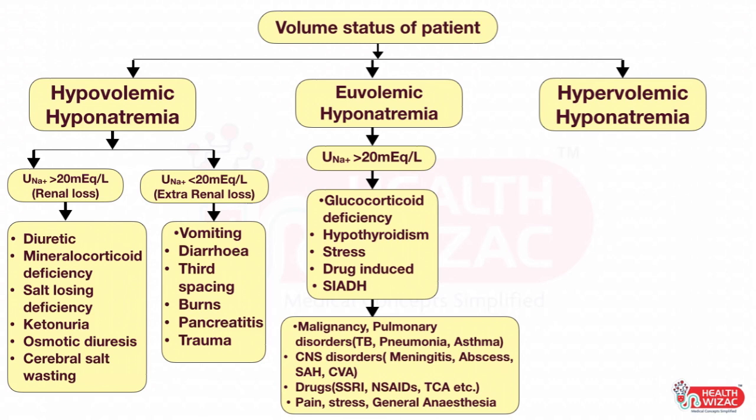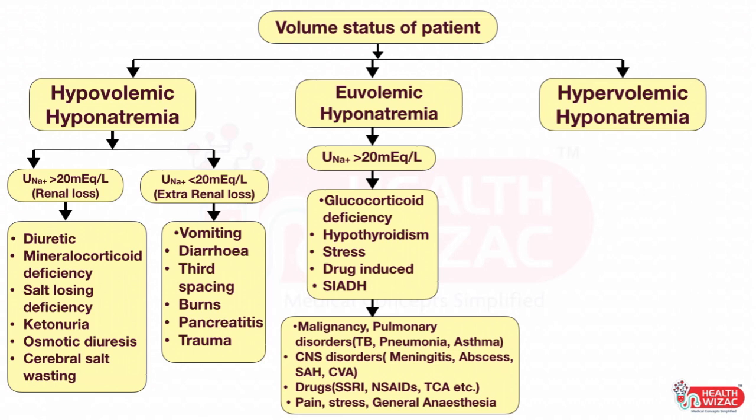Drug-induced SIADH is usually due to drugs like SSRIs, or the selective serotonin reuptake inhibitors, NSAIDs, tricyclic antidepressants, etc. SIADH is also found in patients with pain, stressful conditions, and patients receiving general anesthesia during surgeries.